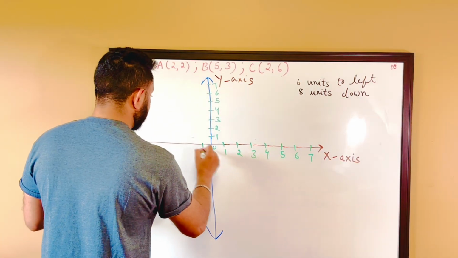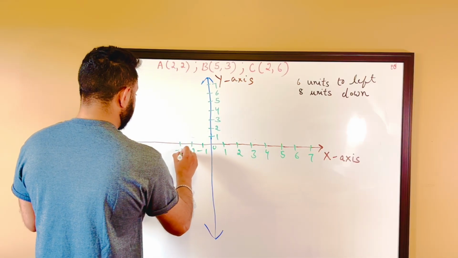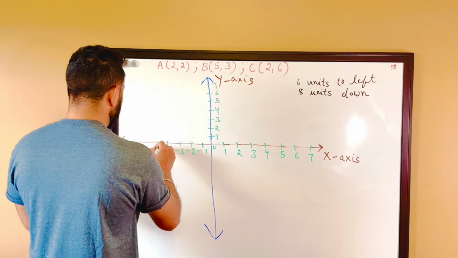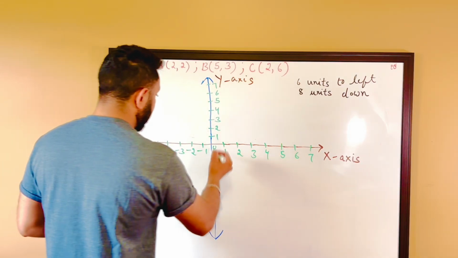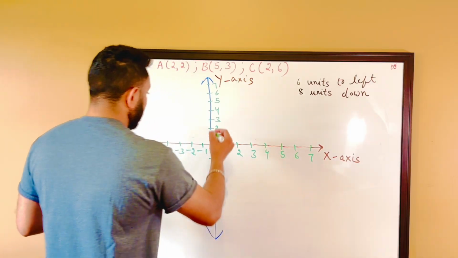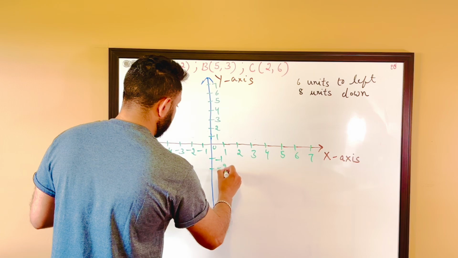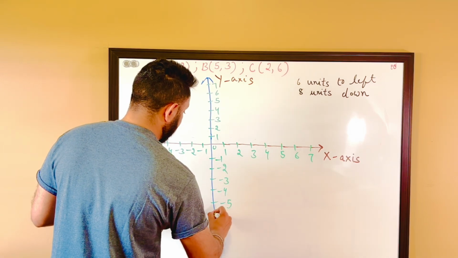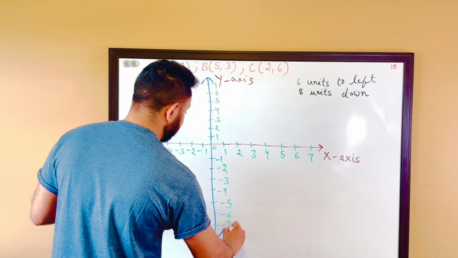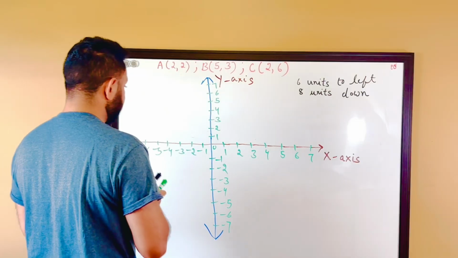And here the points are negative on the left hand side, -3, -4, -5, -6, -7, and on the y-axis the downward points are negative, -2, -3, -4, -5, -6, -7. And now we're gonna mark these coordinates.